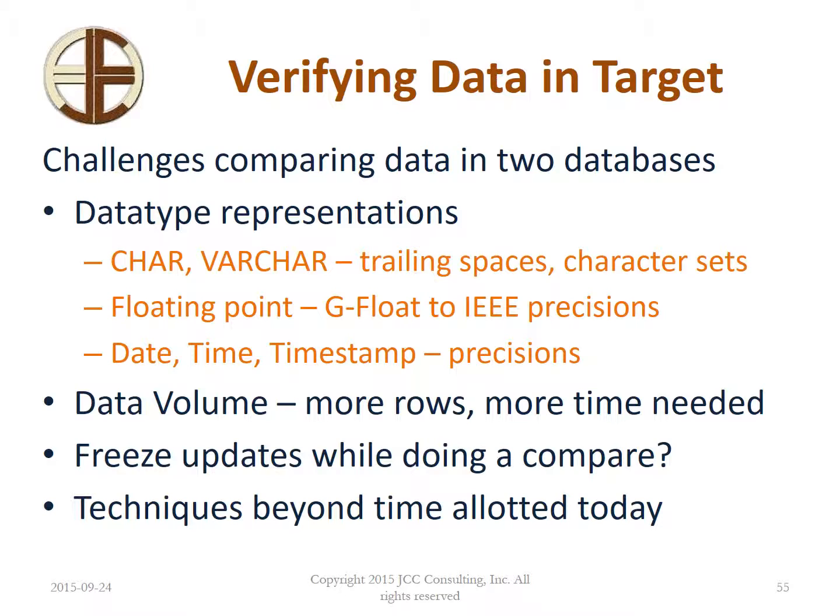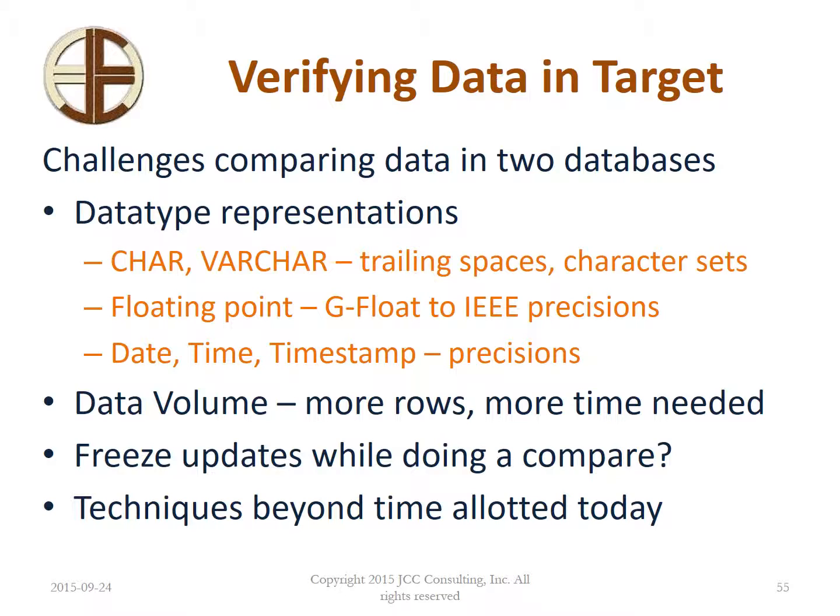There are a lot of challenges in comparing the data in two databases. The data representations might be different. You might have char in the source database and varchar in the target. The floating point data types might have different representations. Date time and timestamp precisions might be different.